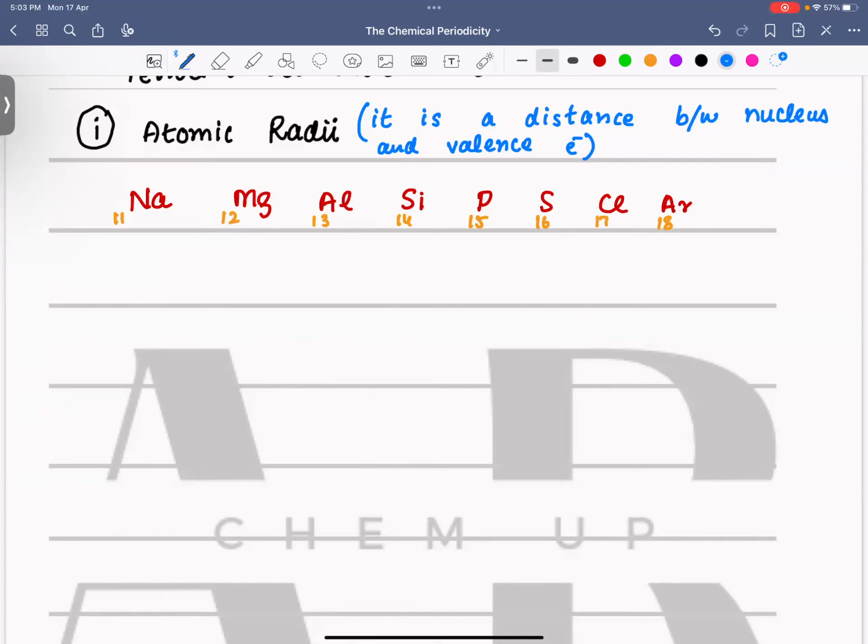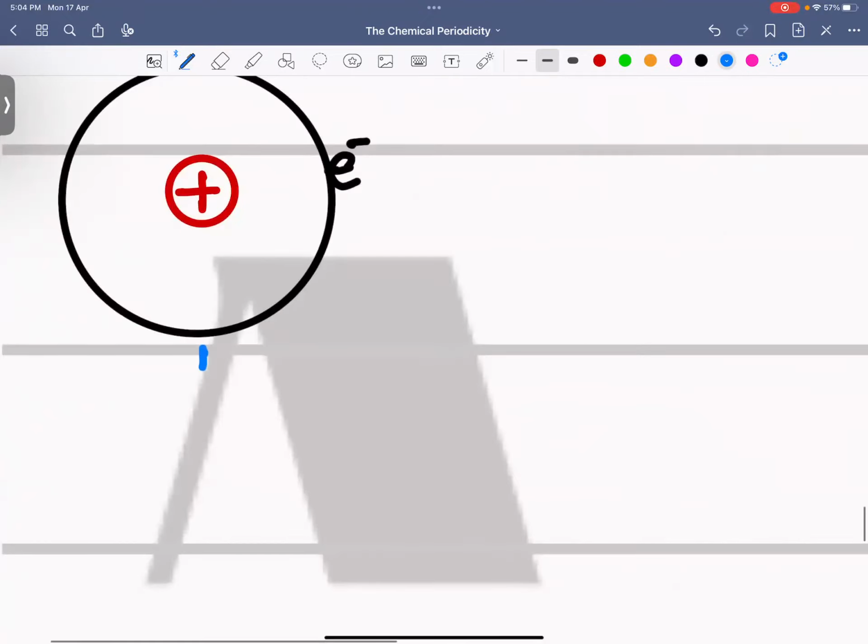So, for example, if I have a nucleus like this, and I have a shell like this, where the electron is orbiting, that is actually the radius, right?